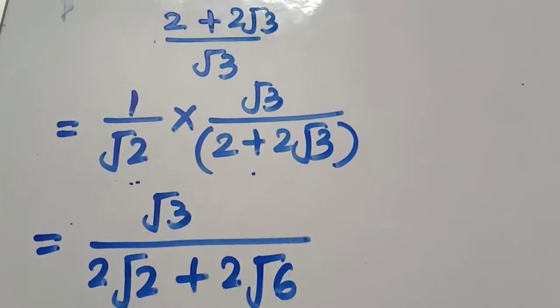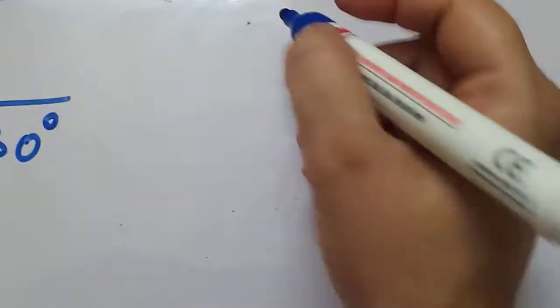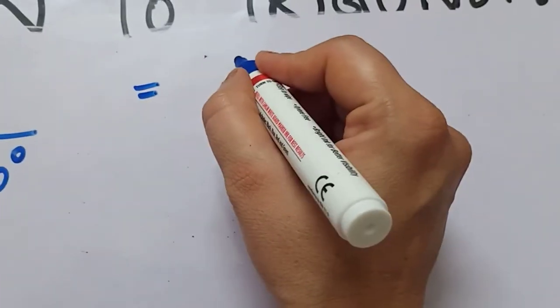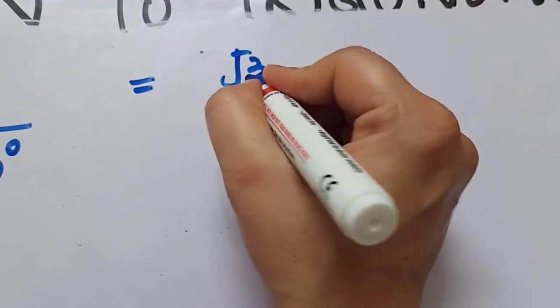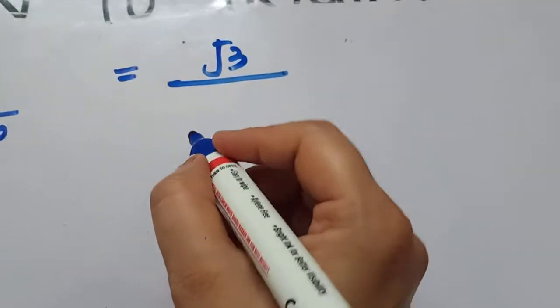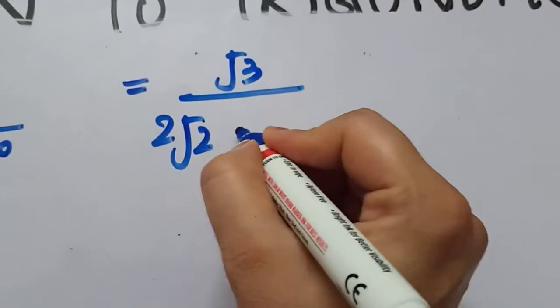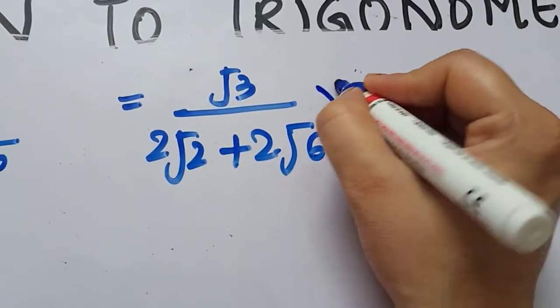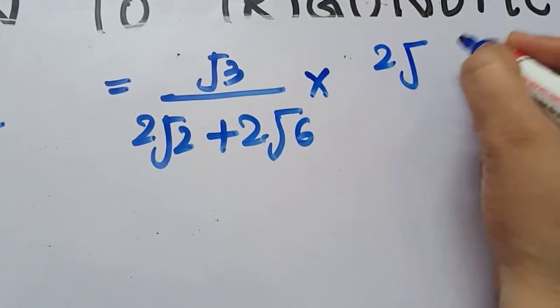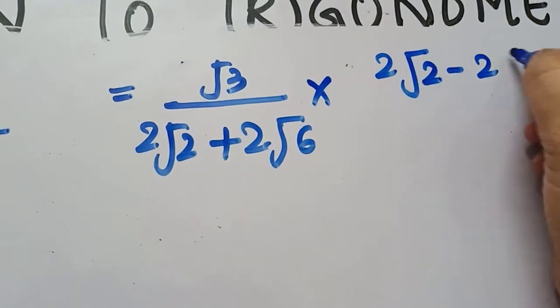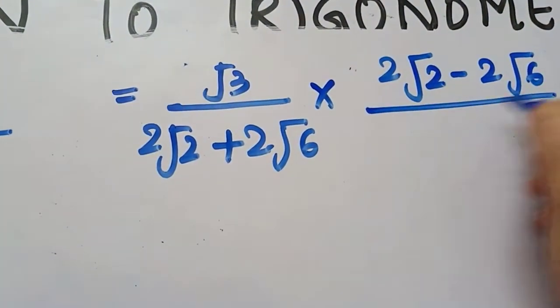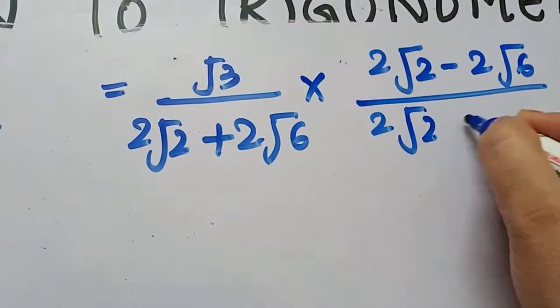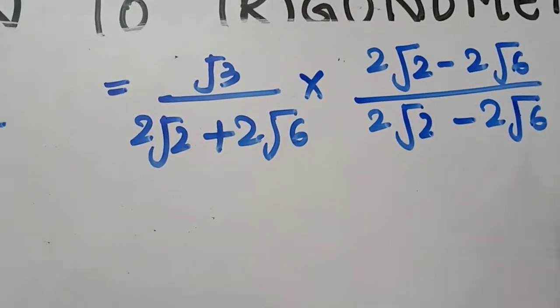So root 3 upon 2 root 2 plus 2 root 6, multiplied by 2 root 2 minus 2 root 6 upon 2 root 2 minus 2 root 6.